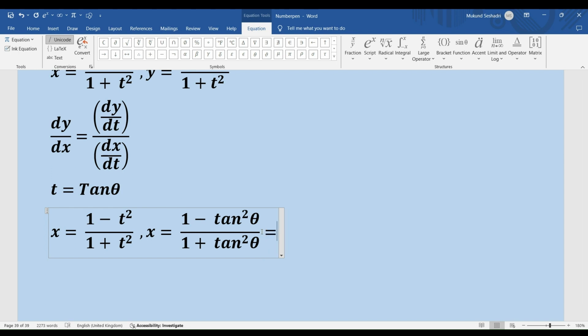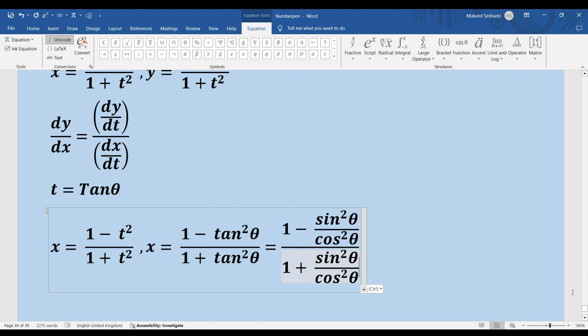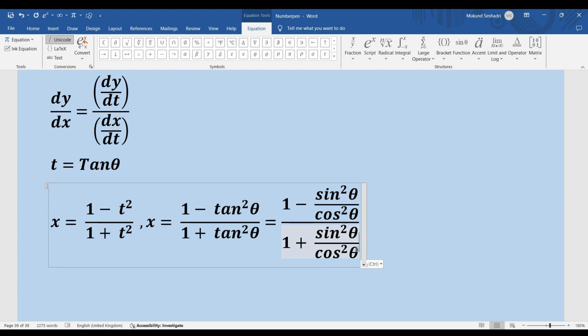And when I write my tan theta as sine theta by cos theta and then do a cross multiplication, what do I get? So this is what I have when I substitute tan theta equals sine theta by cos theta.